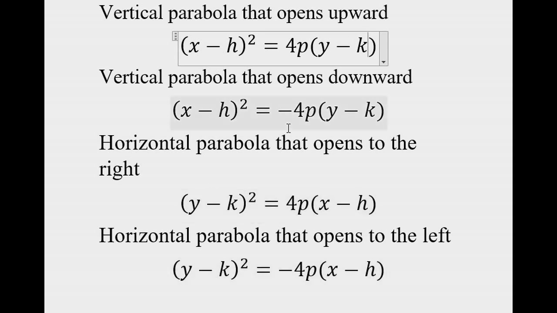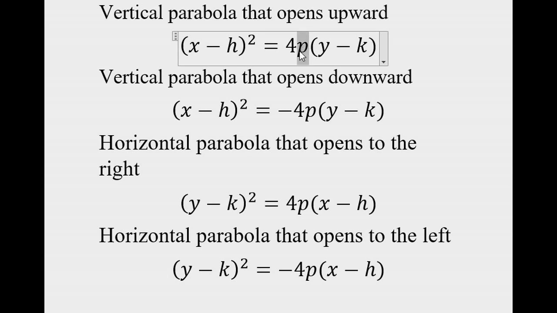In all these equations, we write the squared part on the left hand side. And by seeing the sign, whether it is positive or negative, of the coefficient, we know the orientation of the parabola.